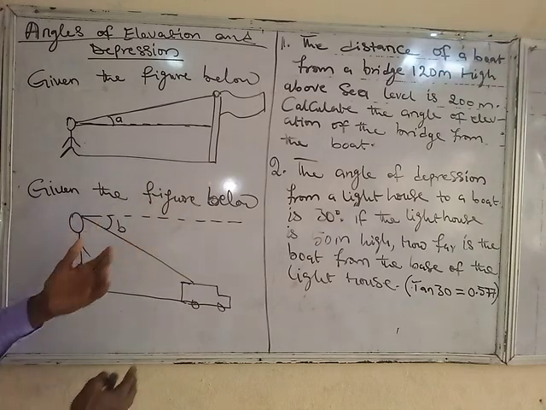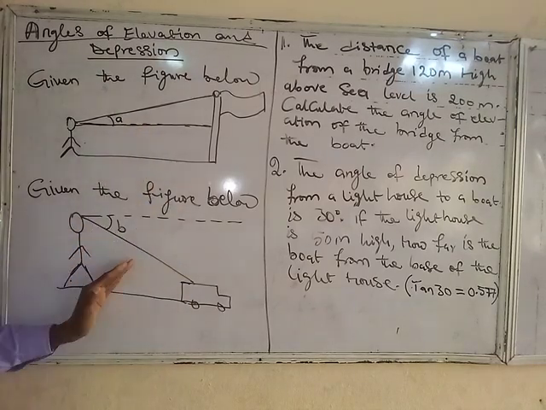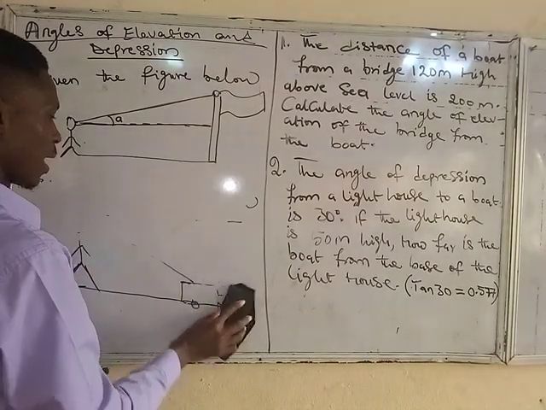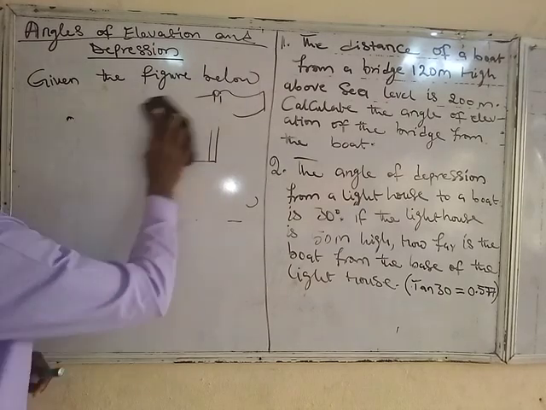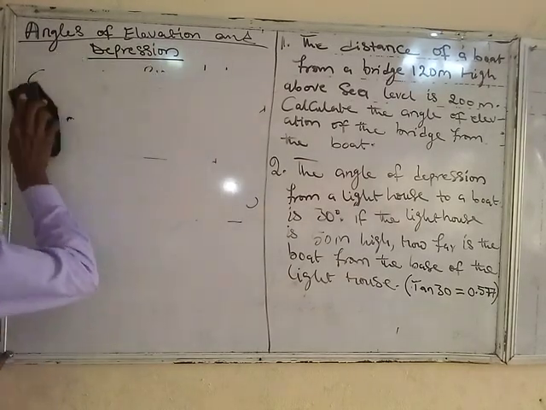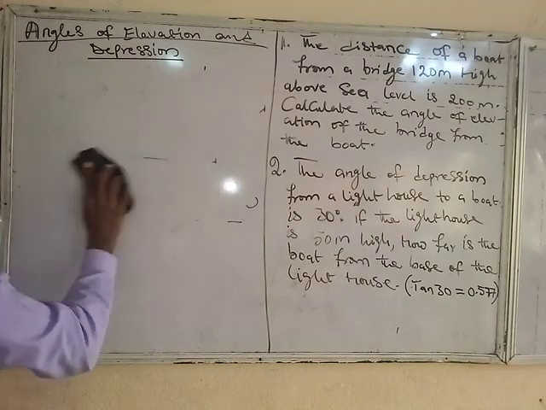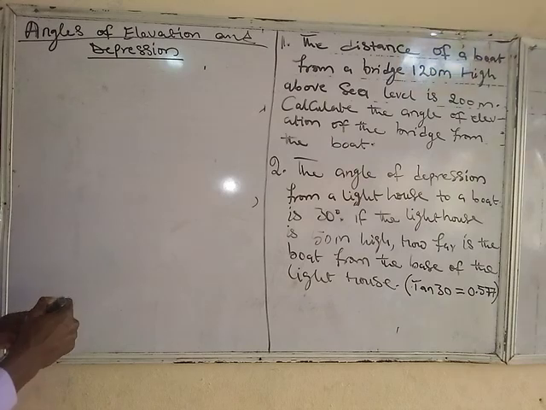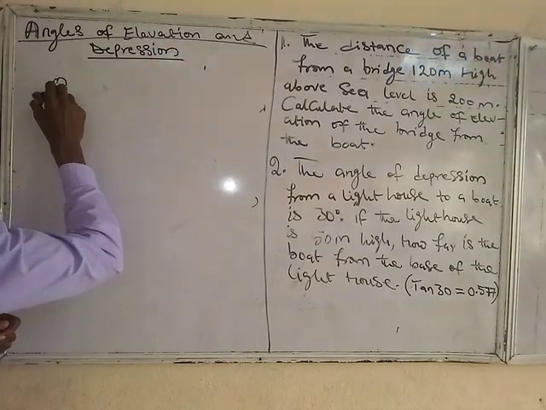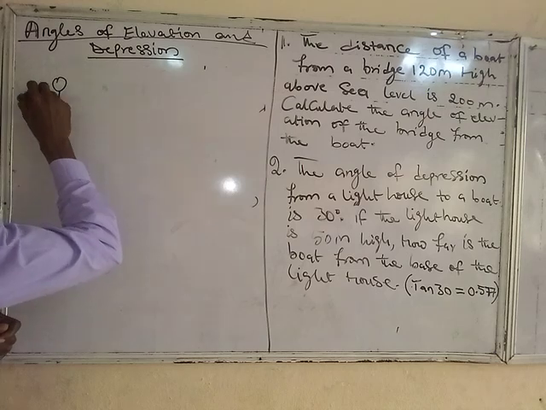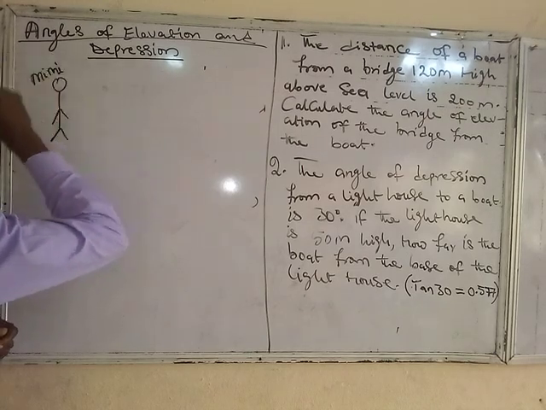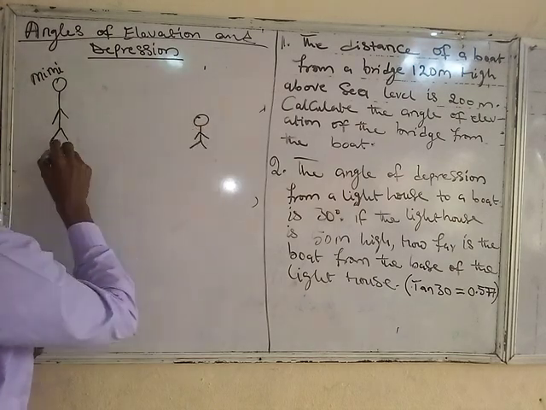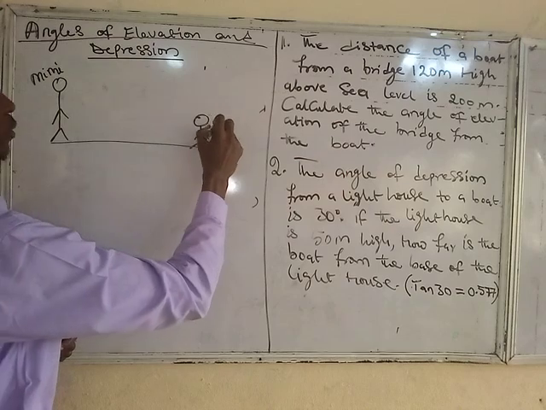So now there is a relationship between the angle of elevation and that of depression. So let's quickly use an image to illustrate that. Let's assume this is Mickey and this is Mimi. Probably Mickey is the junior sister to Mimi.